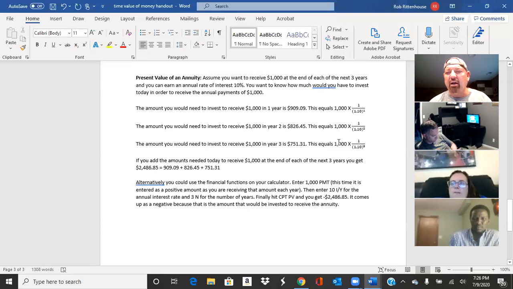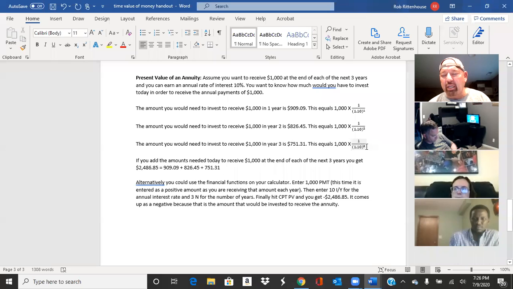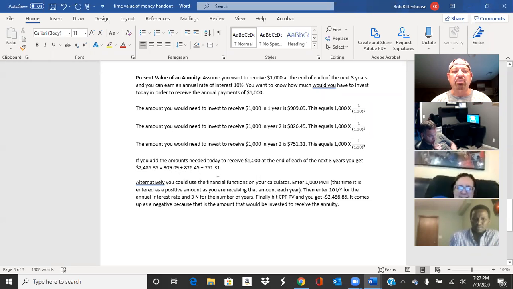Again, just take the 1,000 times 1 divided by 1 plus 10% raised to the third power. Add those all up, $909.09, $826.45, $751.31. You're going to get $2,486.85 as the present value of that today.